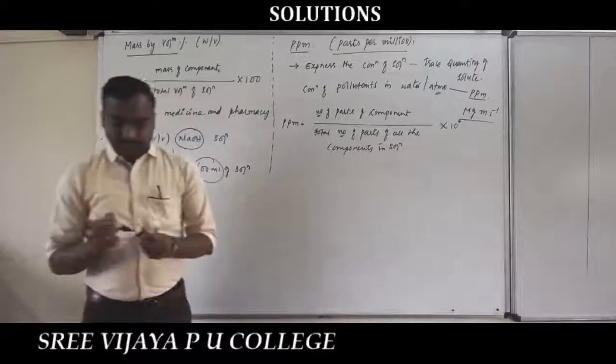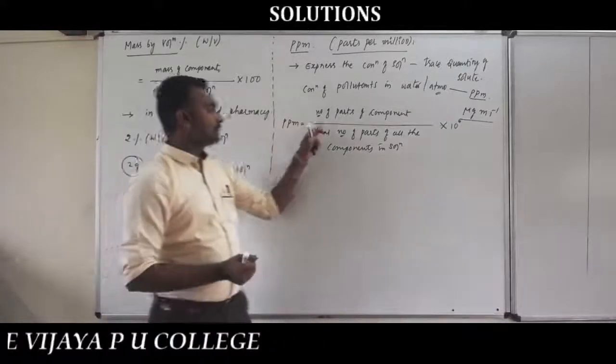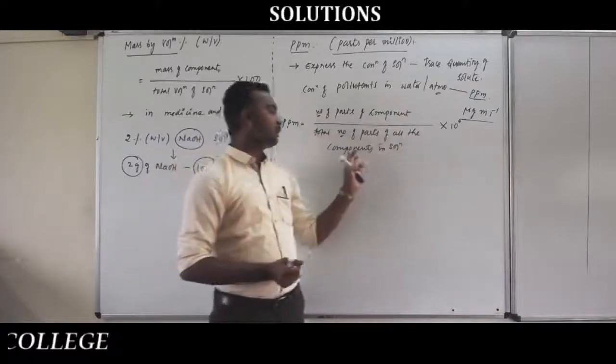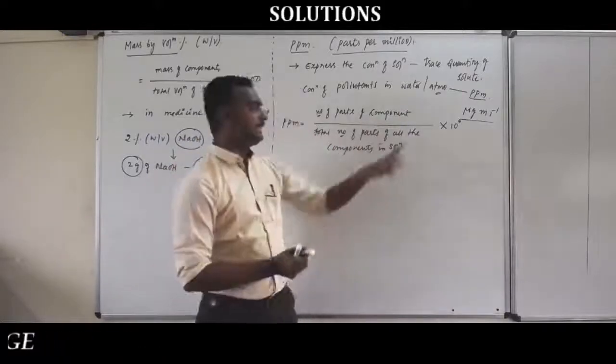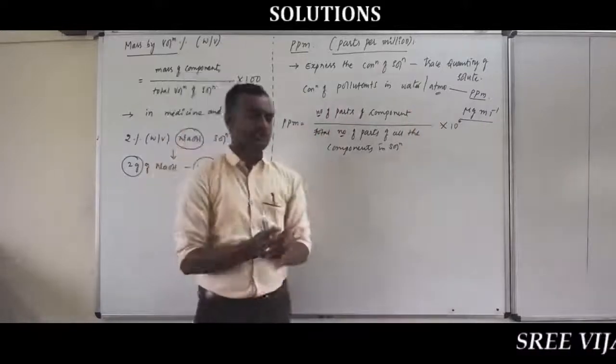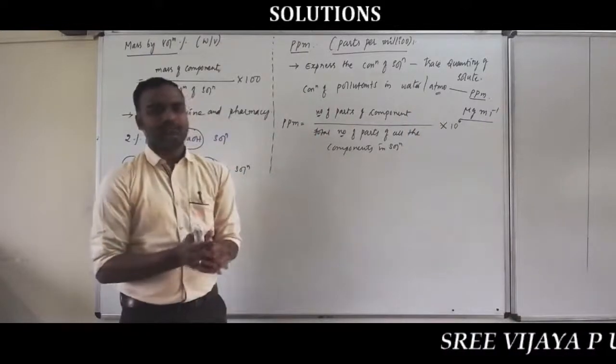So define ppm ಅಂತ ಹೇಳಿದಾಗ that is the ratio of number of parts of component to the total number of parts of all the components in the solution into 10 power 6. ಇಲ್ಲಿ ಪಾರ್ಟ್ಸ್ ಅಂತ ಯೂಸ್ ಮಾಡ್ತೀವಿ, ನಾನು ಯಾವುದೇ ಮಾಸ್ ಅಲ್ಲ ವಾಲ್ಯೂಮ್ ಅಂತ ಯೂಸ್ ಮಾಡ್ತಿಲ್ಲ.